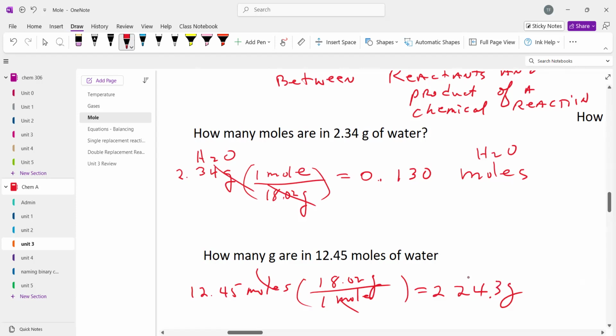So 4 sig figs in the answer. Now this is very, very similar to our Unit 1 problems, only we're doing chemistry now.